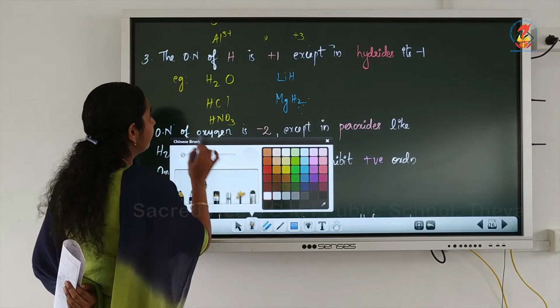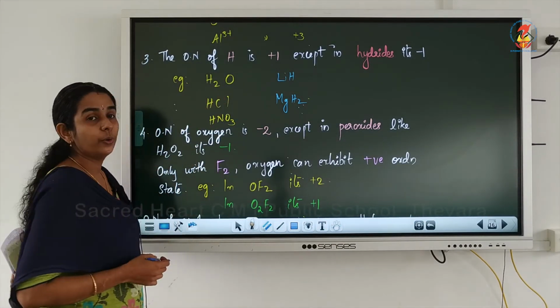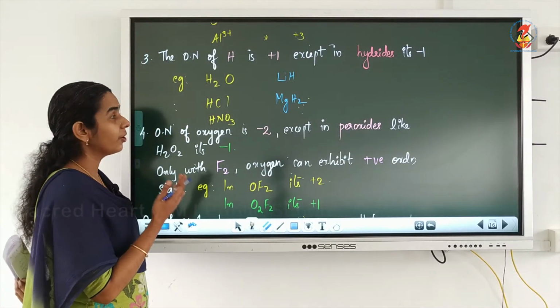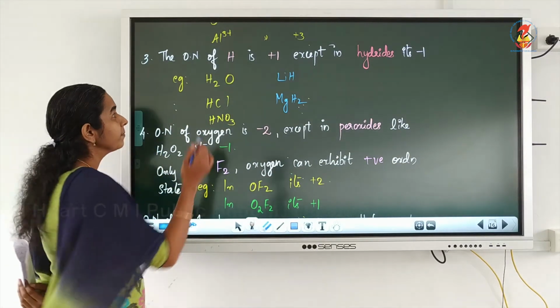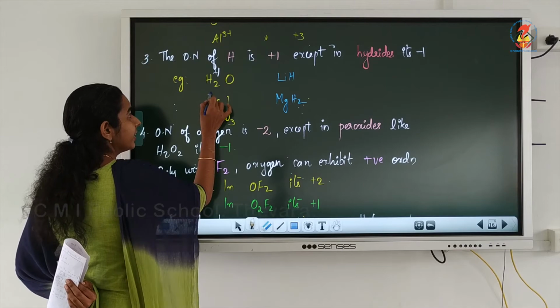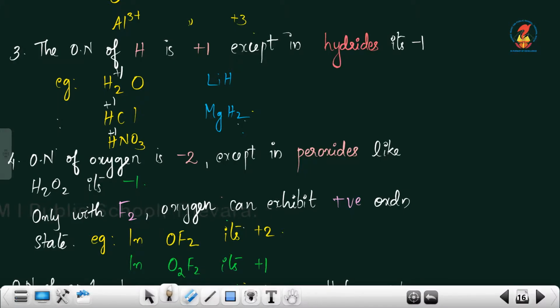For example, in H2O, hydrogen is on the left-hand side, not on the extreme right. So here hydrogen is +1, here it is +1, in HNO3 also it is +1, but in LiH hydrogen is coming on the right-hand side, so it will be -1. It is lithium hydride. In MgH2 also, the oxidation number of hydrogen will be -1.